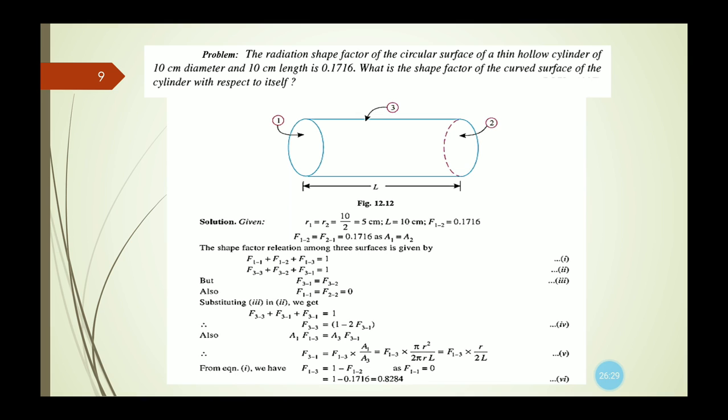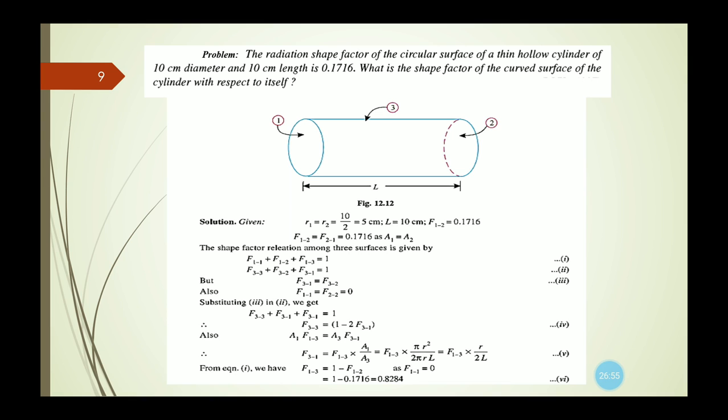Now substituting these in equation 2, we get F33 plus F31 plus F31, because F31 equals F32. So F33 equals 1 minus 2 F31.